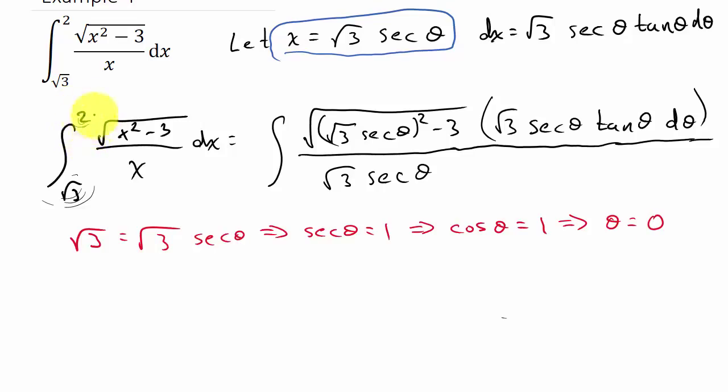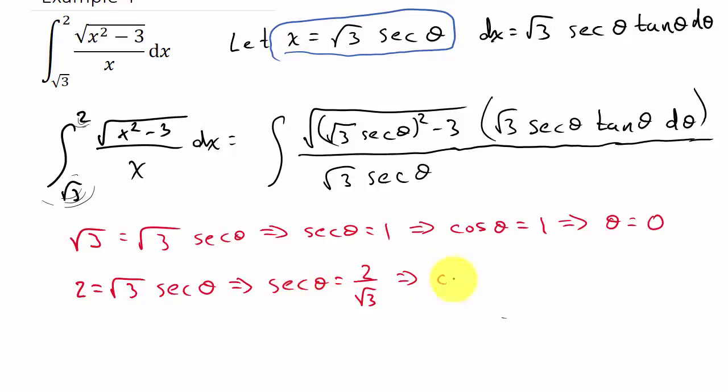Now let's convert the 2. I'm going to take the 2 and plug it in for x. So I get 2 equals square root of 3 secant theta, which tells me that secant theta is equal to 2 over the square root of 3. Once again, let's rewrite this in terms of cosine.